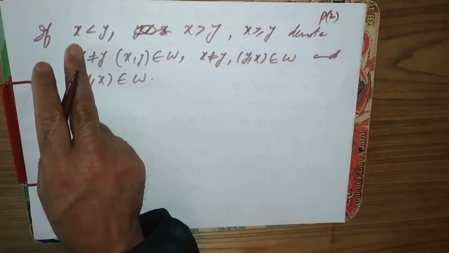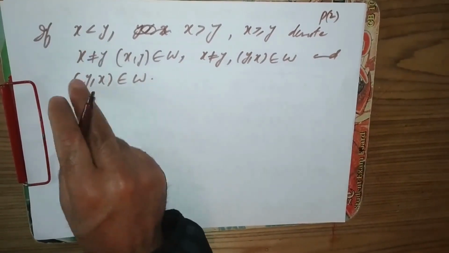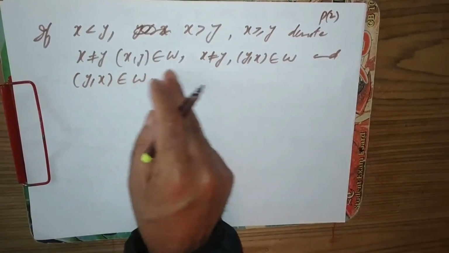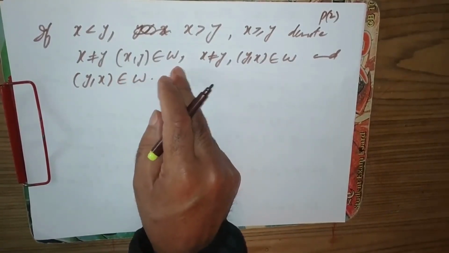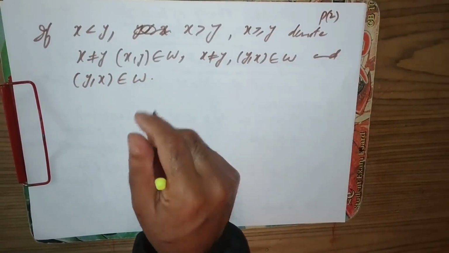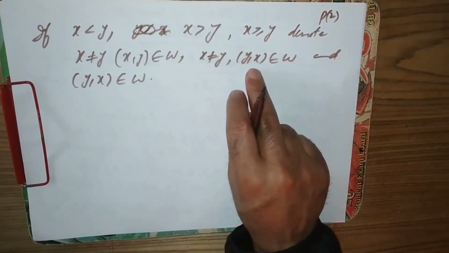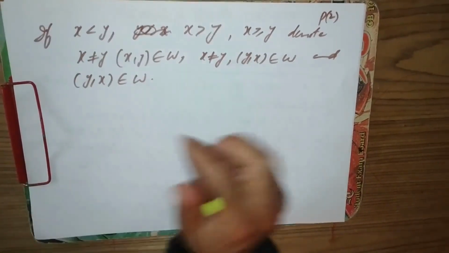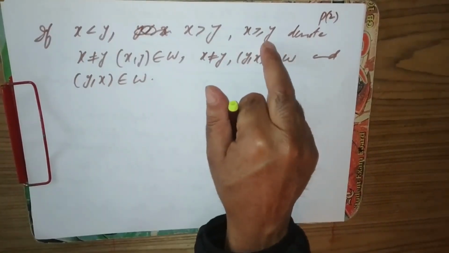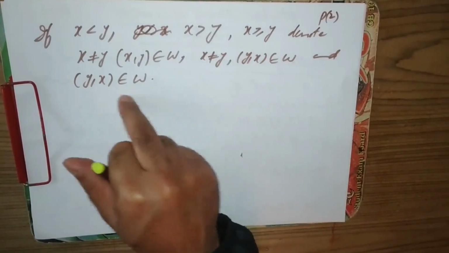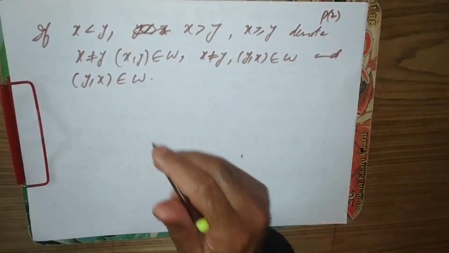Whenever we write x is strictly less than y, it means that x is not equal to y, and (x, y) is in omega, they are in the relation. And whenever x is greater than y, it means that (y, x) is in omega and x is not equal to y. And when x is greater or equal to y, this means that (y, x) is in omega. Y may be equal to x in this case.